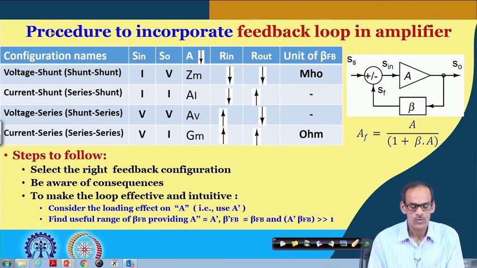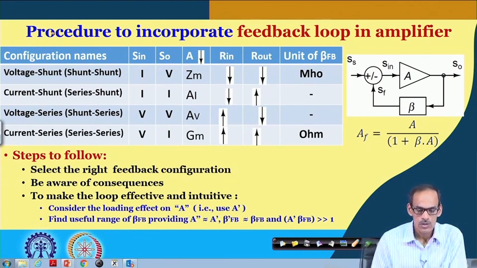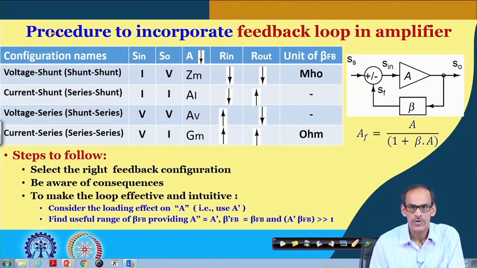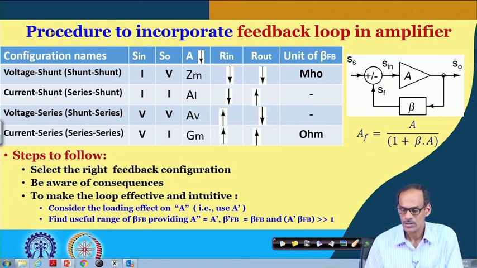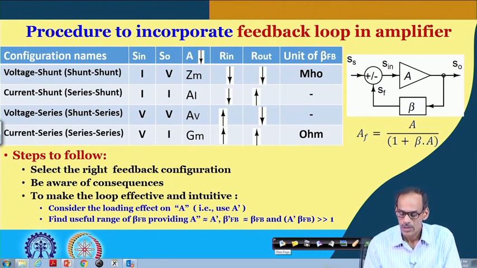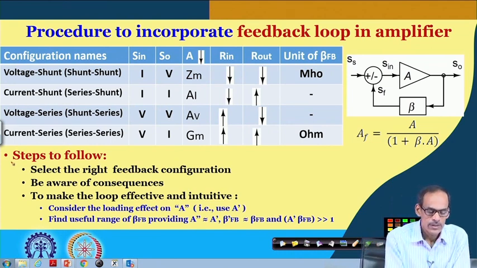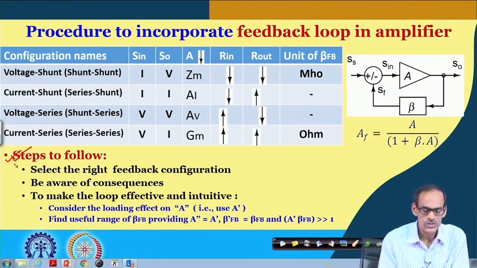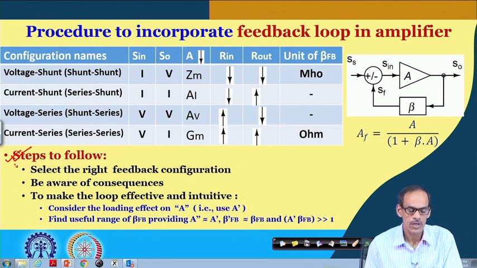After that, what do you do? Rather, what may be the overall procedure to incorporate a feedback loop in an amplifier? Here we have the list of the activities we have to do.